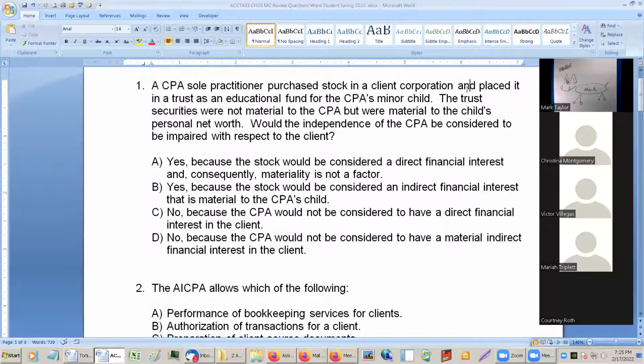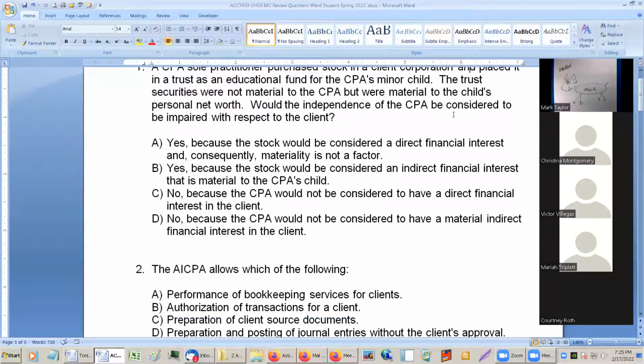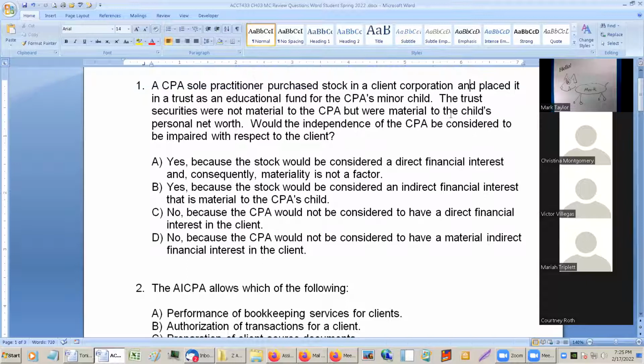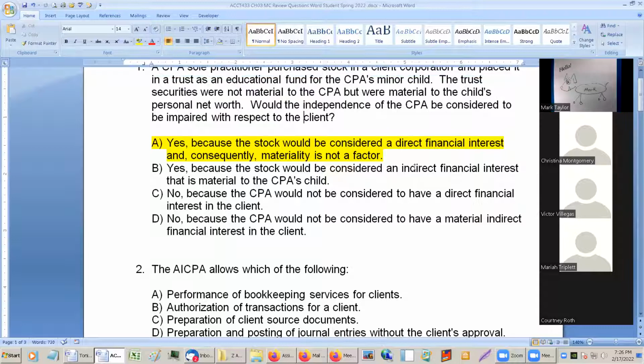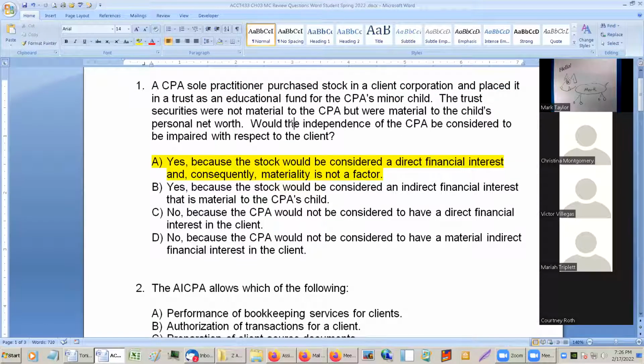All right, first one up. A is correct. And this one, it's because they invested directly in the stock.